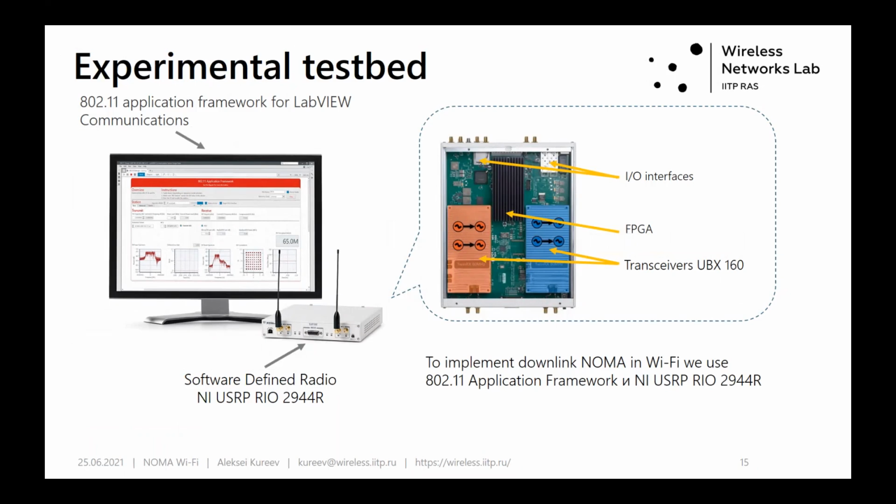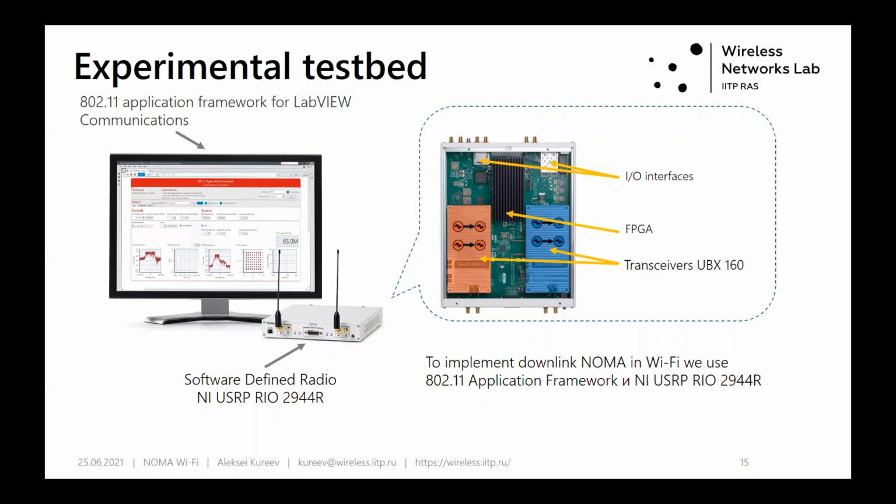And now we go to the implementation of NOMA in Wi-Fi. In our lab, we built a prototype of non-orthogonal multiple access in Wi-Fi in downlink. For this, we use the 802.11 Application Framework from National Instruments for LabVIEW Communications, and software-defined radio USRP RIO 2944R.